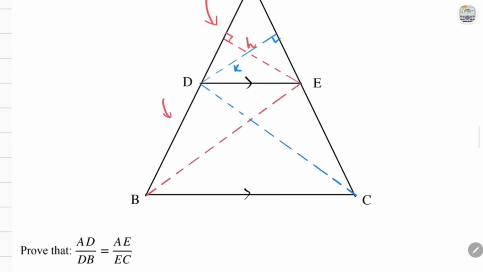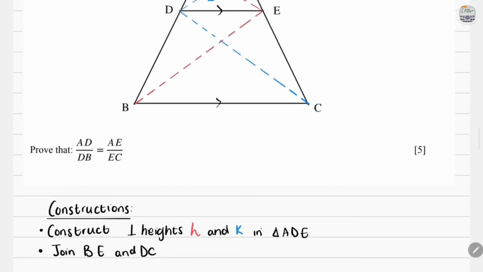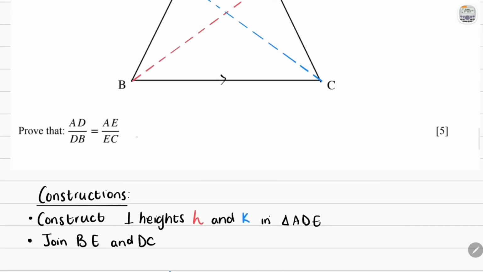AE over EC. With AE over EC, if AE was the base of this triangle, we would say to find the area of this triangle, again, we're going to say area of triangle ADE, but AE is the base of the triangle this time. So we're still saying area of triangle ADE over, and remember the whole point of doing that is to get to this point AE over EC.